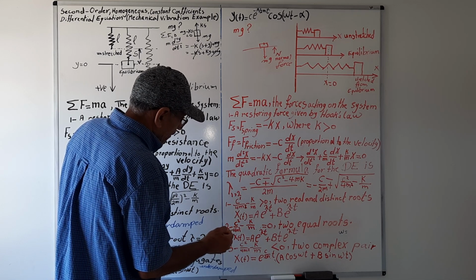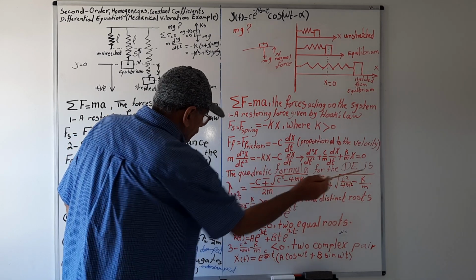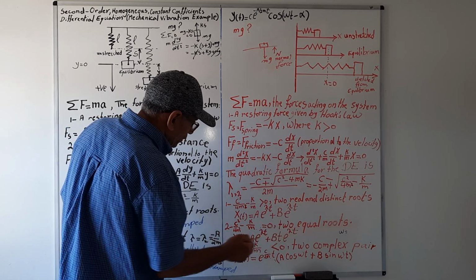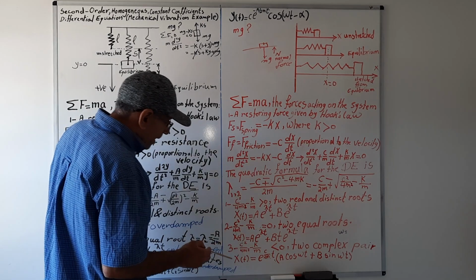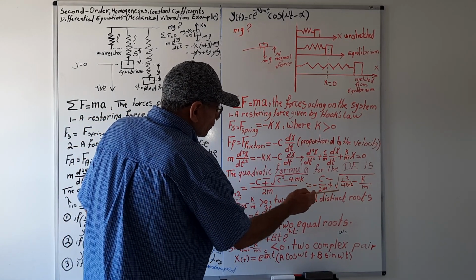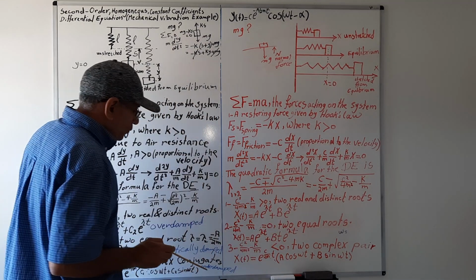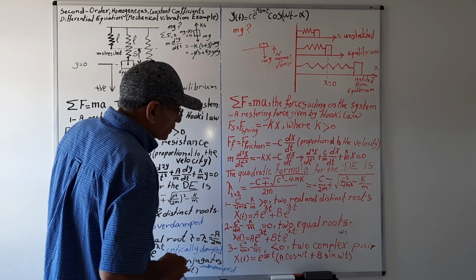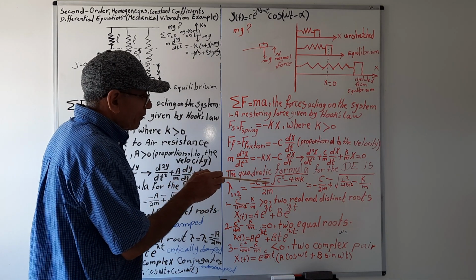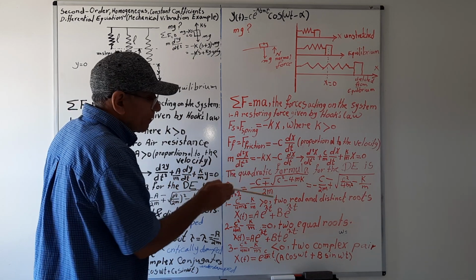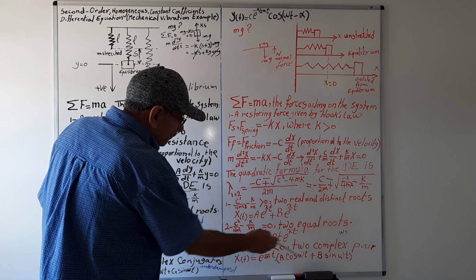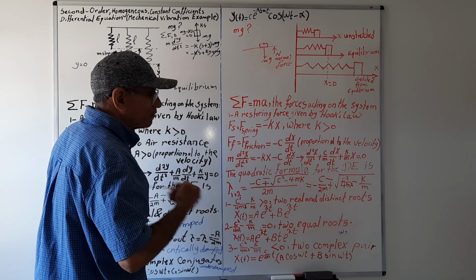And if they are equal, two equal roots, and this is the formula. If k over m is bigger than c squared over 4 m squared, then we will have complex conjugate roots. We have a special case if the real part of the complex number is 0, then we don't have this term, we just have a cosine wave which keeps going left and right.